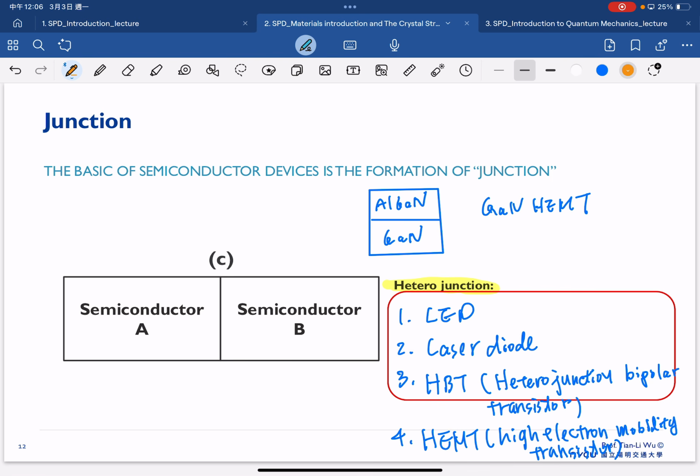The gallium nitride HEMT is mainly used for RF and power applications, and this is because by putting the aluminum gallium nitride on top of gallium nitride, we will have the formation of electrons here, and this electron formation is what we generally call a two-dimensional electron gas.